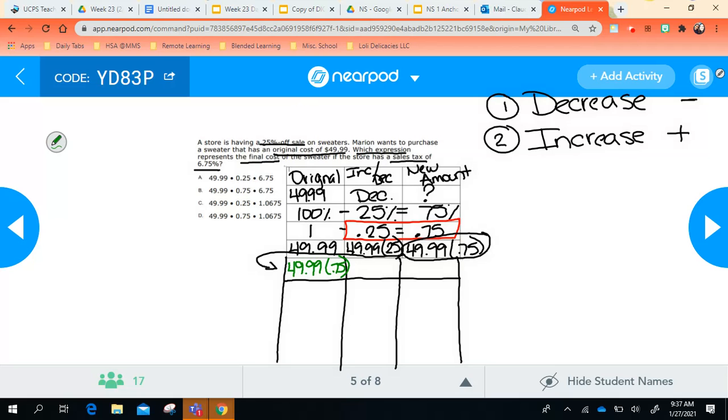Okay, so for step number 2, did we say it's an increase or a decrease? It is an increase, so I'm going to go ahead and write increase in here. Do I know my final amount after both things? No, I don't.